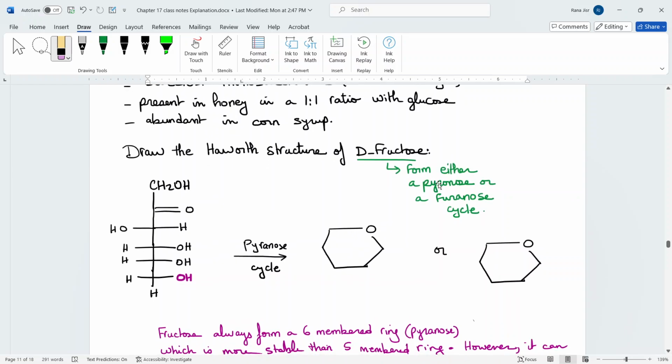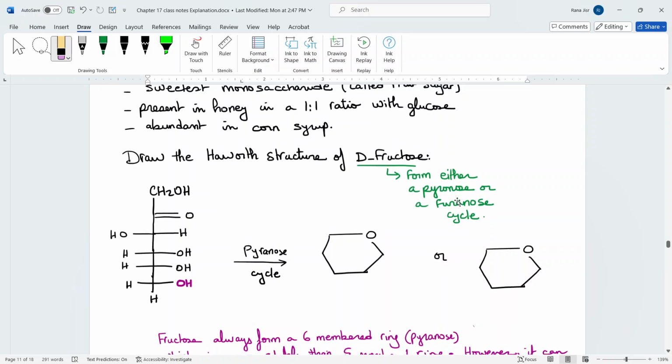Of course, pyranose is more stable than furanose, so D-fructose is more represented as a pyranose than a furanose, but it also exists as a cycle of 5-membered ring. So we're going to consider both in this example.